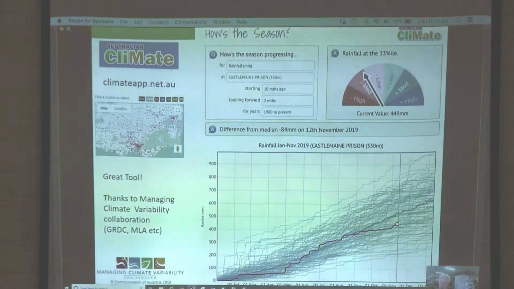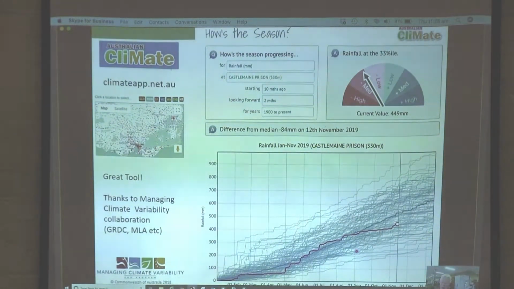You can see the average is the blue line, and the red is how I've been tracking this year. It's a good little tool because it helps keep track of where things are sitting, and you can see it was a bit of a dry start to the year, but once things did kick off in May, it was a wetter than average winter, and then this spring has tailed off. It's sort of flatlined there at the end.